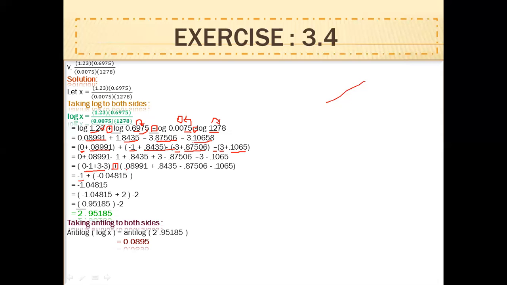And after calculating all these mantissas, the answer is 0.0 minus 0.04815. When you simplify these two numbers, minus 1 and minus 0.04815, we get minus 1.04815.